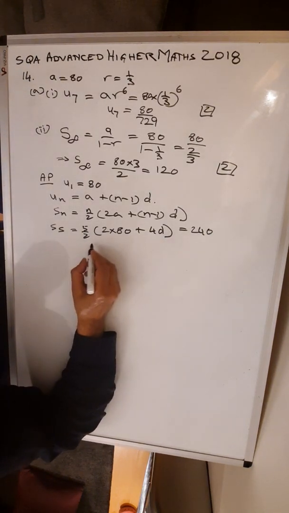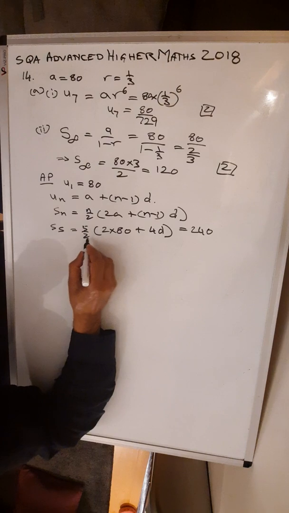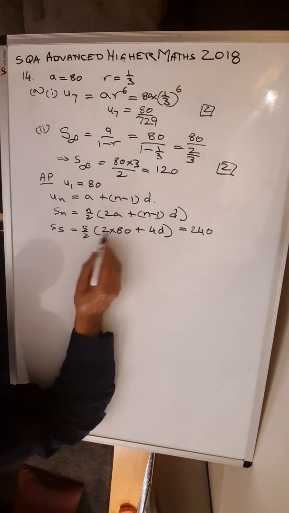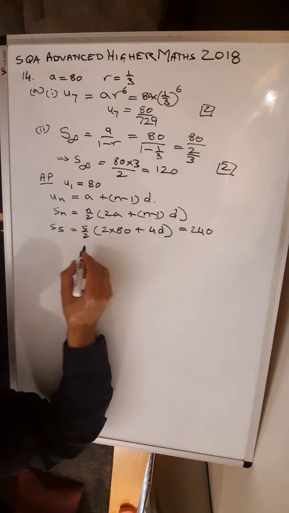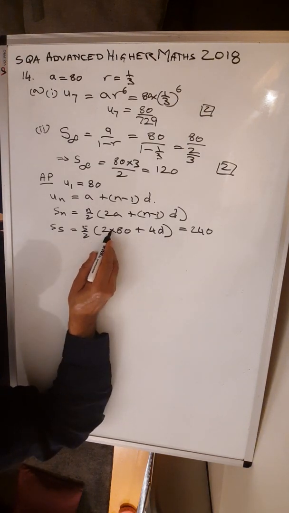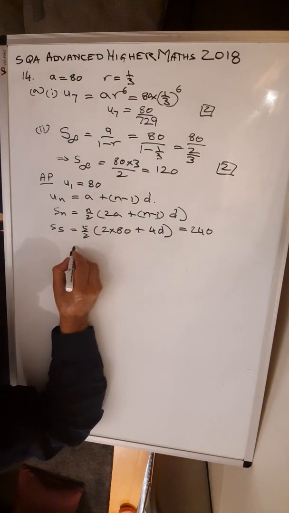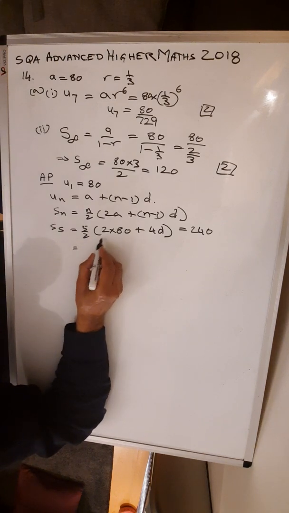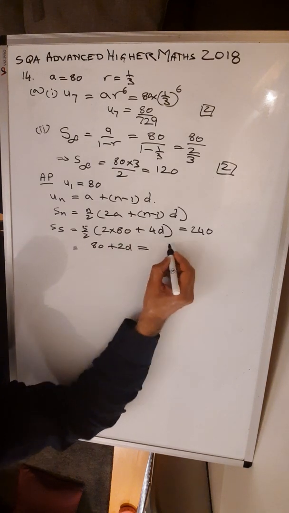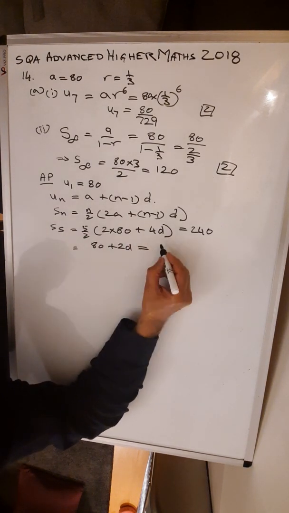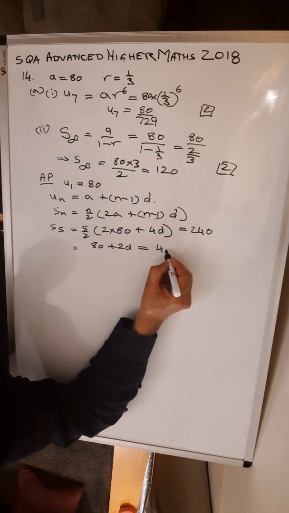So that means we divide by 5 and divide by 2, which gives you 80 plus 2d is equal to 240 divided by 5, which is 48.